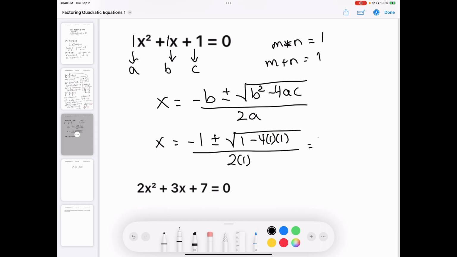If you evaluate the square root, it comes out to 1 minus 4, and 1 minus 4 is equal to -3.